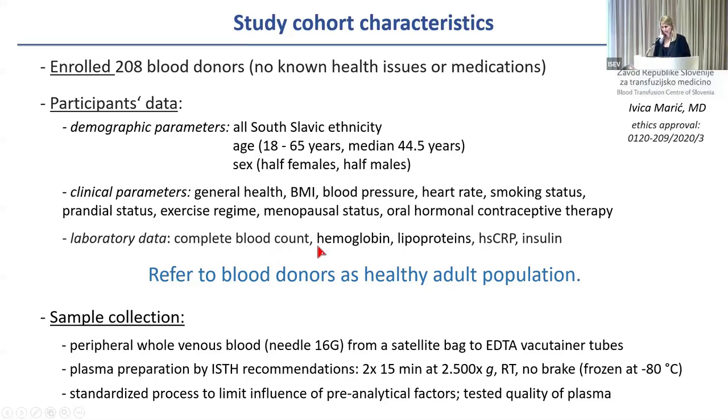I know that we could discuss for the whole day what is healthy, but for us, all of the parameters were in the reference ranges, or were at least typical for the Slovenian population. That's why for us this was a healthy population. Then we collected blood samples from them and processed plasma.